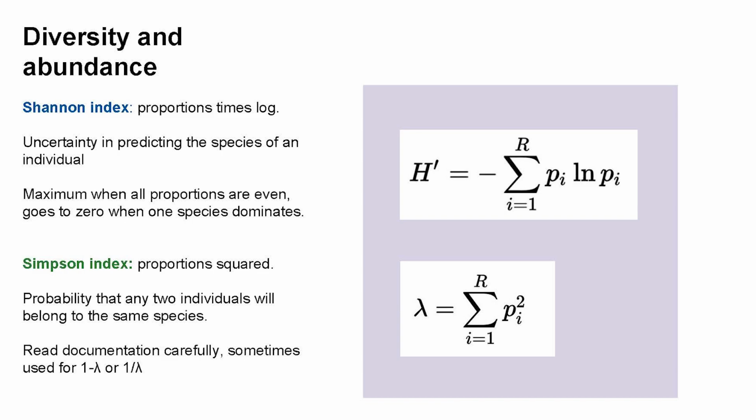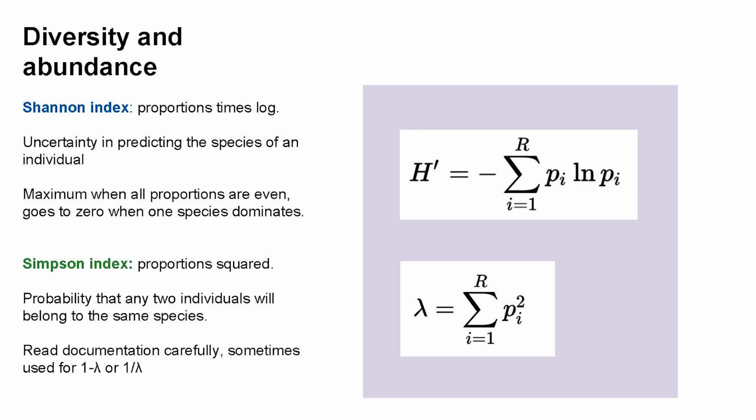Shannon's index ties into this whole history of information theory, and it's great to read about someday when you have some free time. We're not going to concern ourselves with that today. For our purposes, Shannon's index is calculated by p log p.